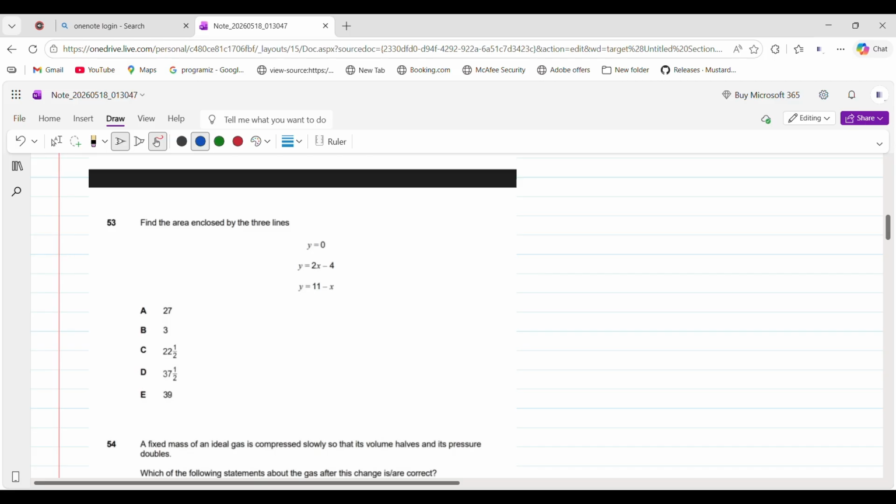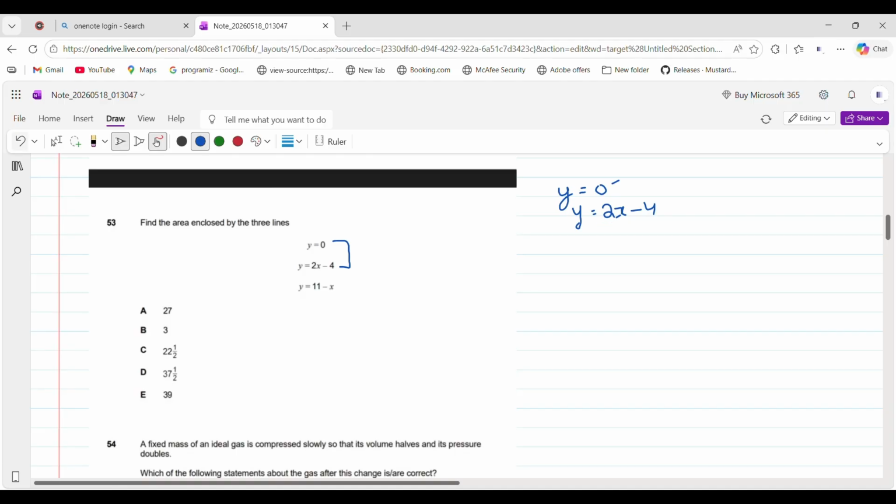So if I have to find the intersection between these 2 lines, one line is y equals 0, another one is y equals 2x minus 4. I can substitute y equals 0 in equation number 2.